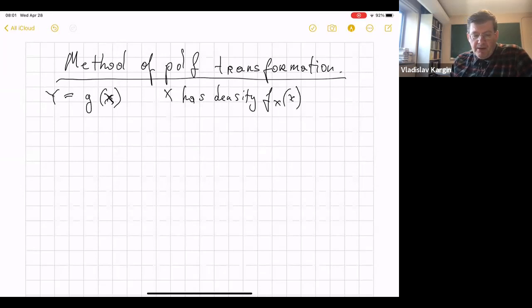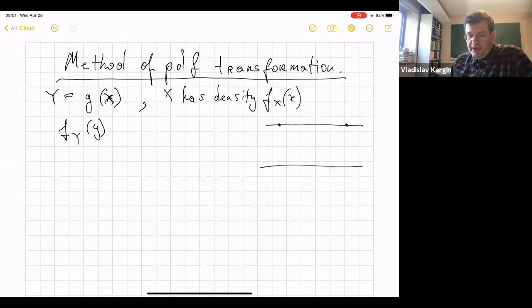So in this case we are interested to figure out what's the density of y. It's pretty simple. So we just write f of y of y. Here we have something like a picture. So here's some range of x, which means that outside of this range the density is 0.